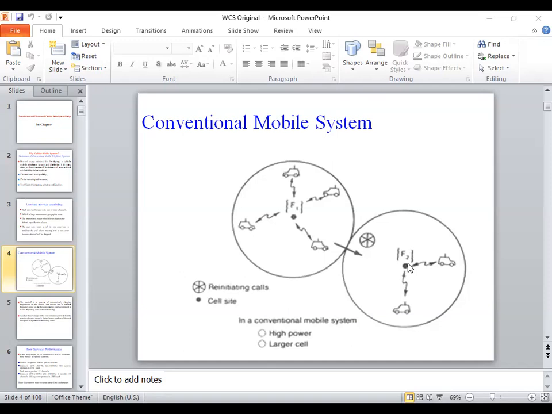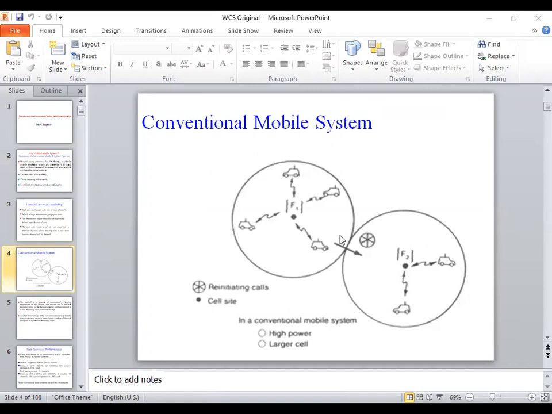We limit the number of active users due to the limited number of channels. But the number of channels should be increased to accommodate more and more active users. This was the first limitation of your conventional mobile system.